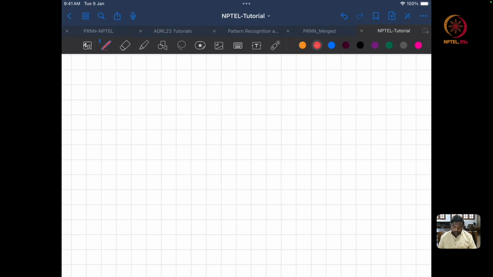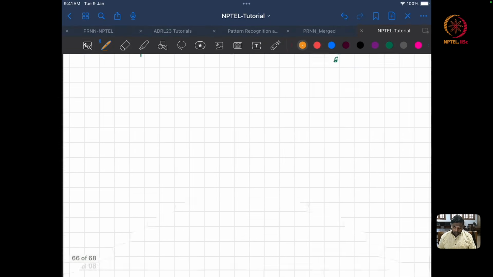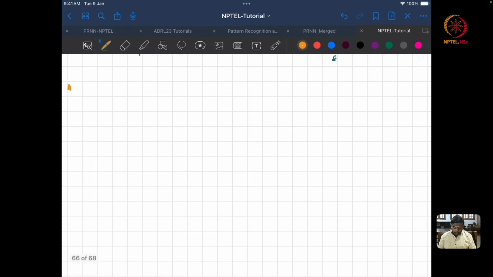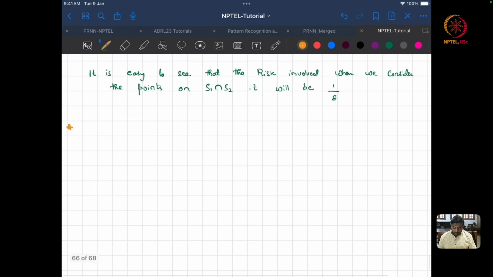Let's make that point. Before that, therefore x1 plus x2 equals 5 is a Bayes classifier.